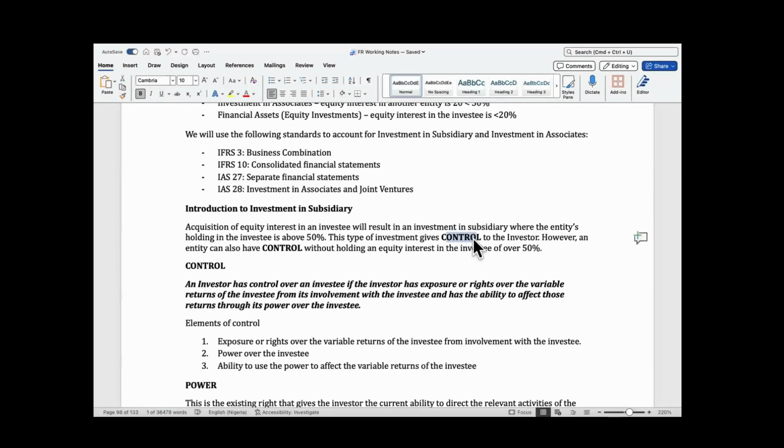But you can get control even if you don't have up to 50% holding. And if that's the case, it therefore means that you still have an investment in subsidiary, even where you don't have up to 50%, because you have control. So we're going to look at those situations that can give you control even when you don't have up to 50%.